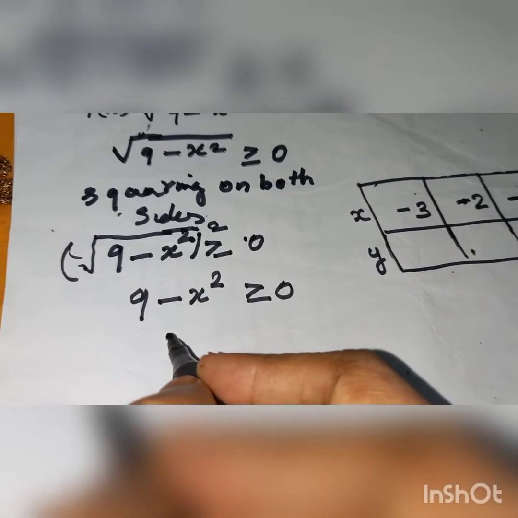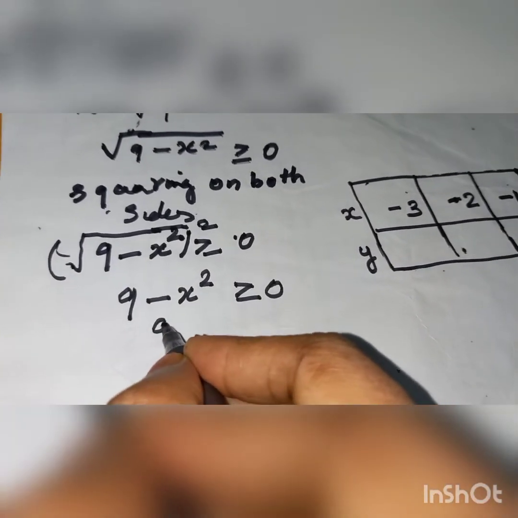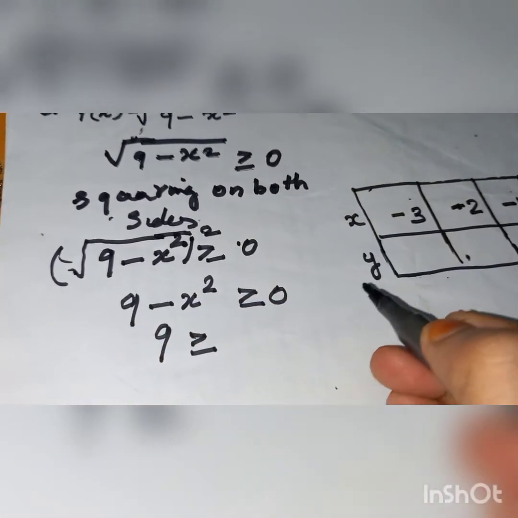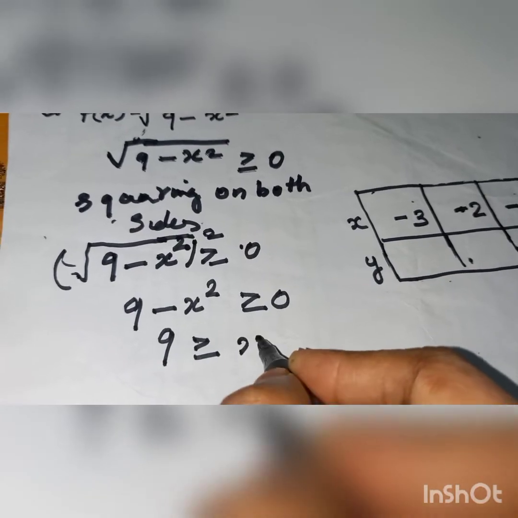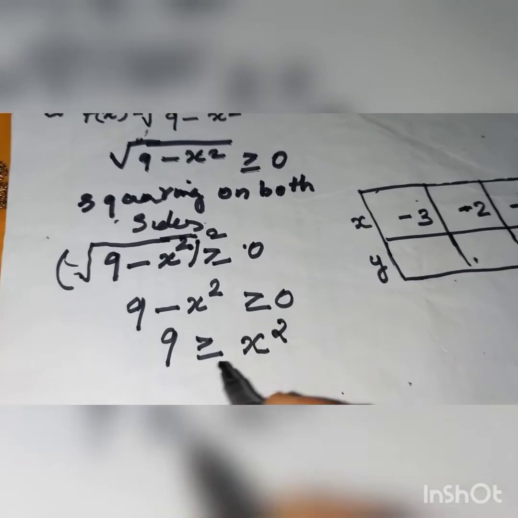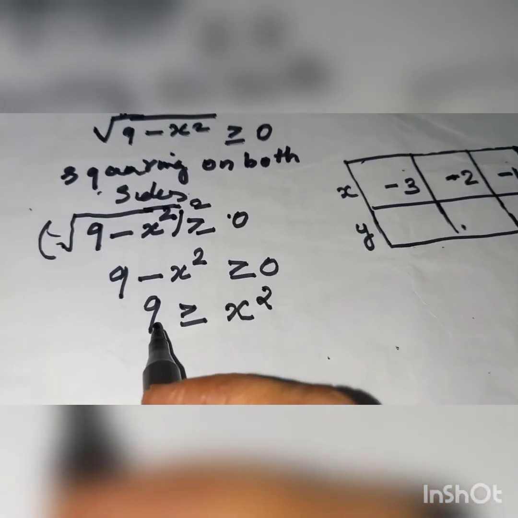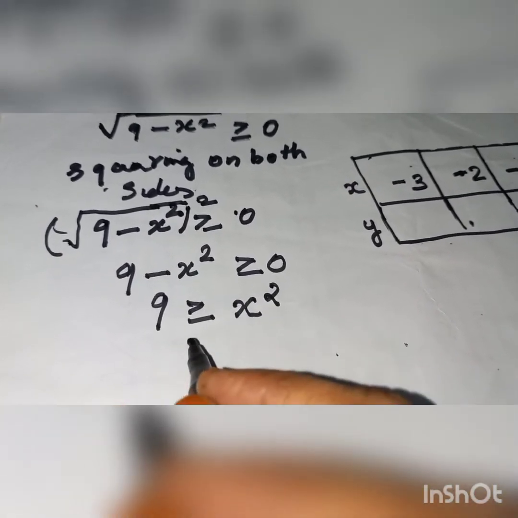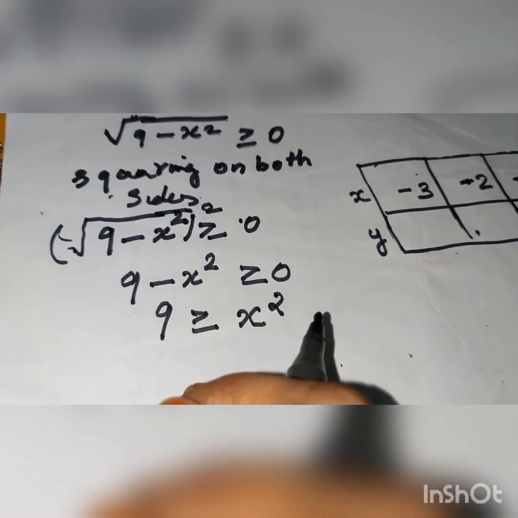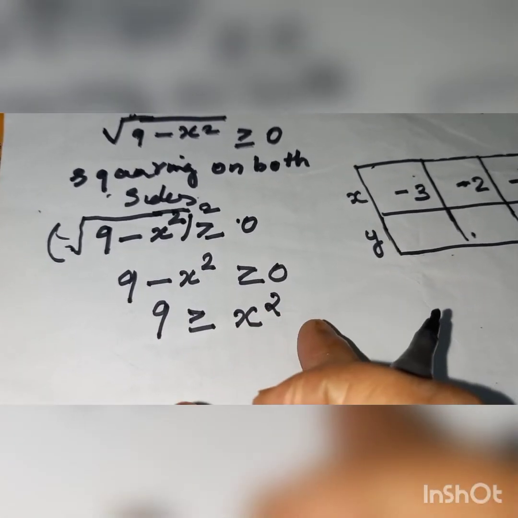So we can write 9 is greater than or equal to x square, transposing this x square to this side. So how can we write 9 greater than or equal to x square? X square, we get 2 values.